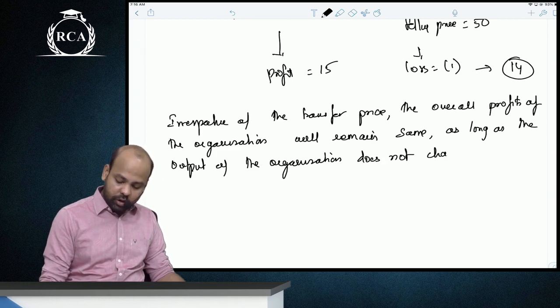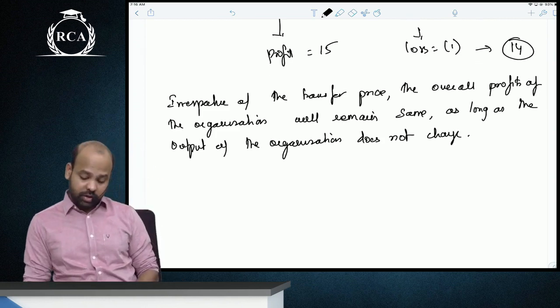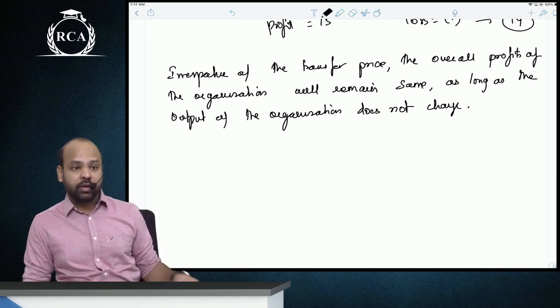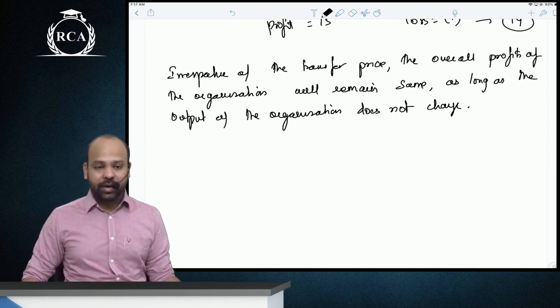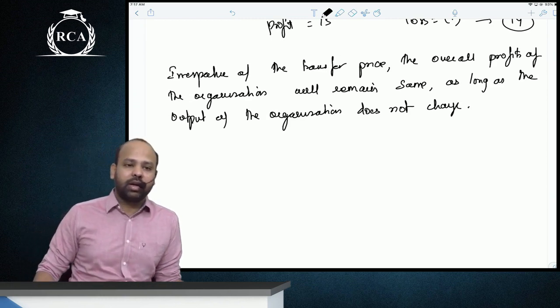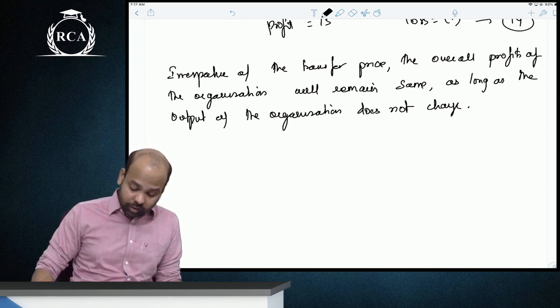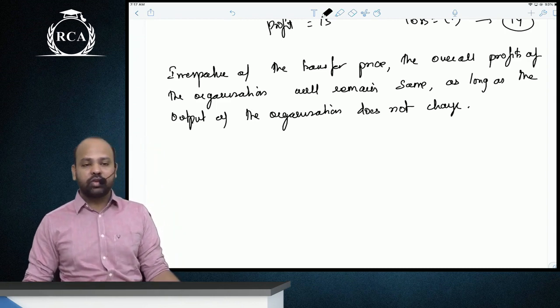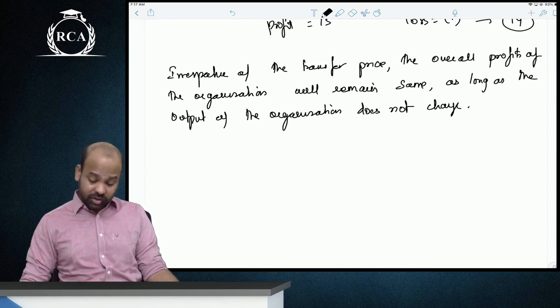So this is where you talk about, irrespective of the transfer price, the overall profit of the organization will remain same as long as the output of the organization does not change.